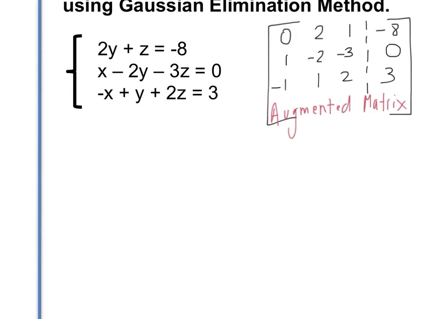What's the first thing? Remember, you need to have a 1, a 0, a 0, and a 0 over here, and like numbers everywhere else. Now the idea behind that is, since we have numbers over here and we have a 0 and a 0 over here, I know that the third column is z. So in this case, I know that z is equal to a number.